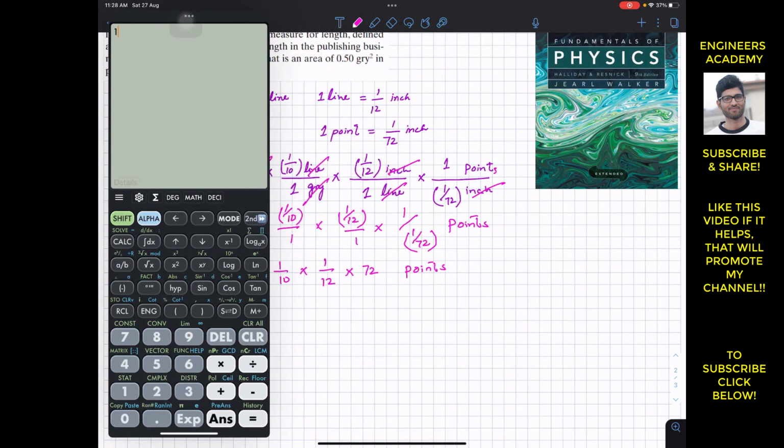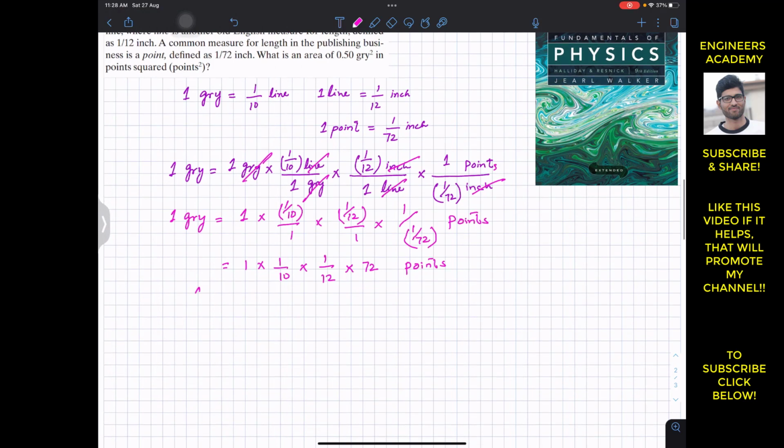This is 1 multiplied by 1 divided by 10, multiplied by 1 divided by 12 and multiplied by 72. This is 0.6. So 1 gray is 0.6 points.